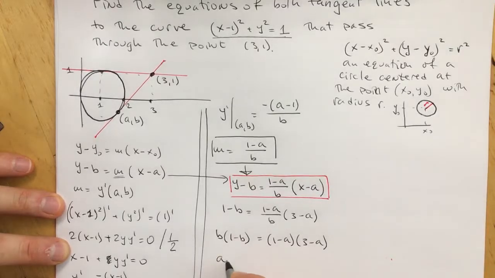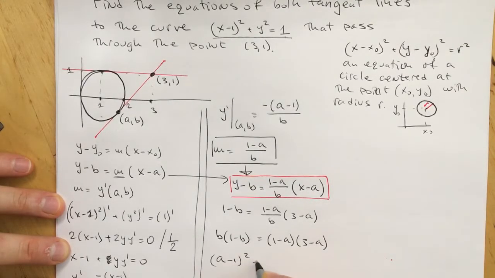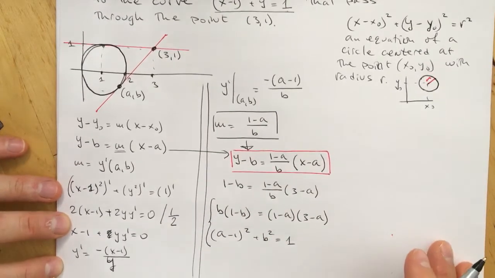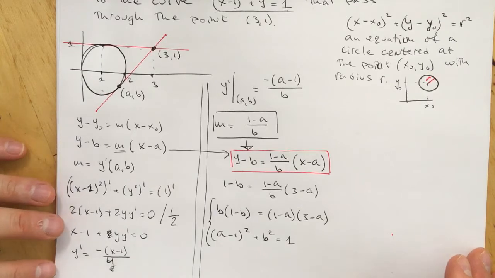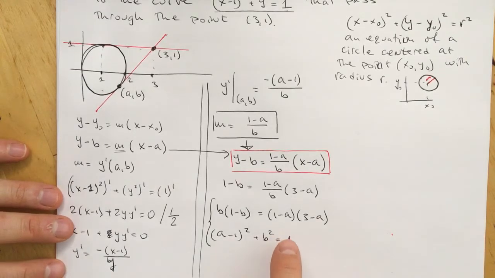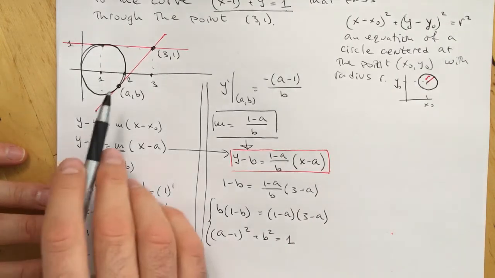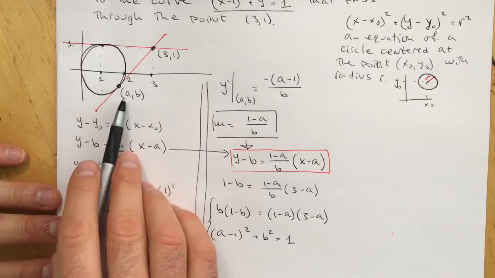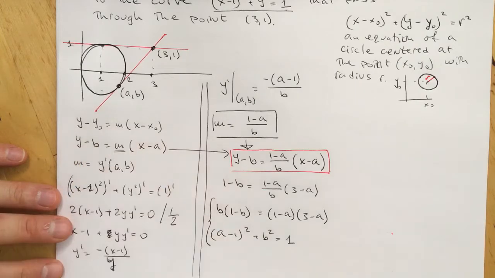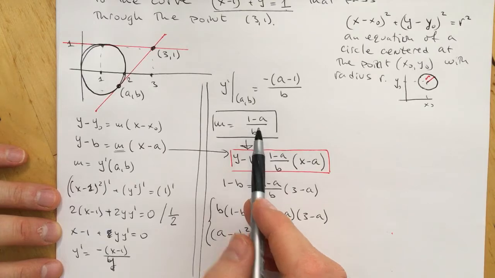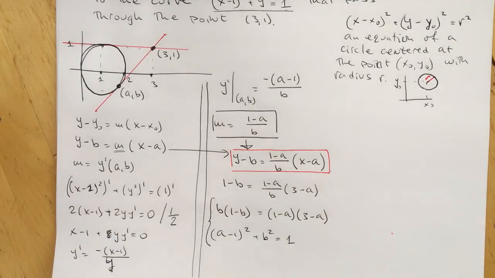So that means a minus 1 squared plus b squared is equal to 1. And now I have a system of two equations with two unknowns. When I solve this system of equations in two unknowns, I'll be able to find the point AB, I will be able to evaluate the slope, and our problem is done.